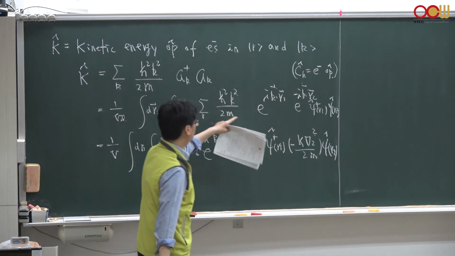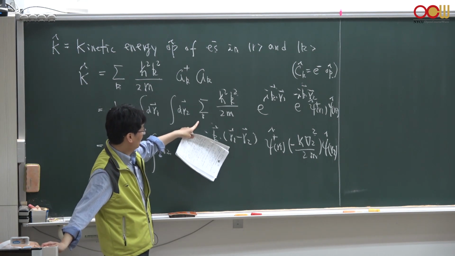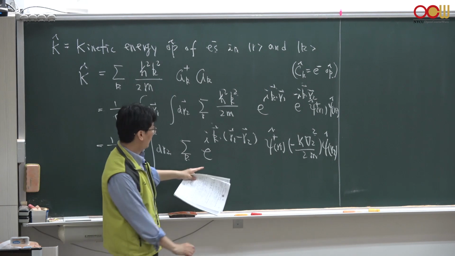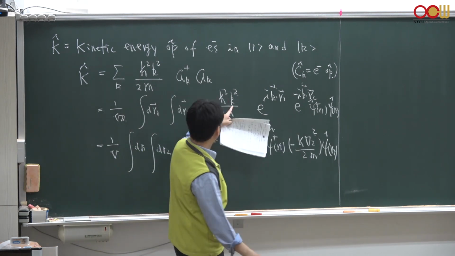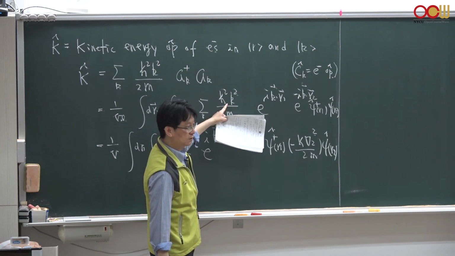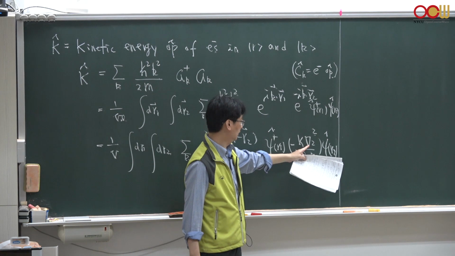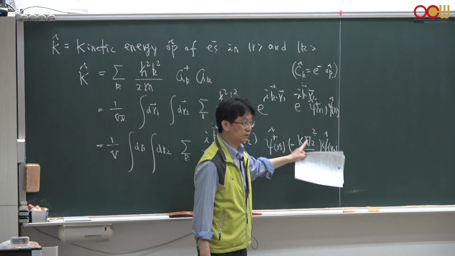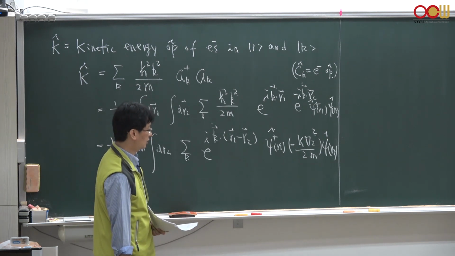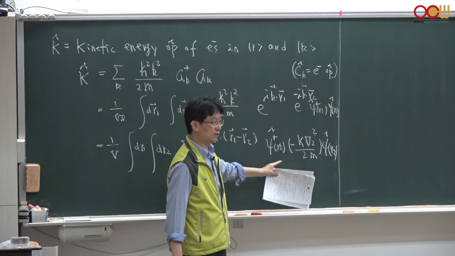You can rewrite this line in terms of this combined exponential factor, and you can rewrite this k squared in terms of the gradient operator, gradient squared acting on the right side part of your operator. Imagine this is just a wave function, but we will see that this is consistent with the Schrödinger picture.